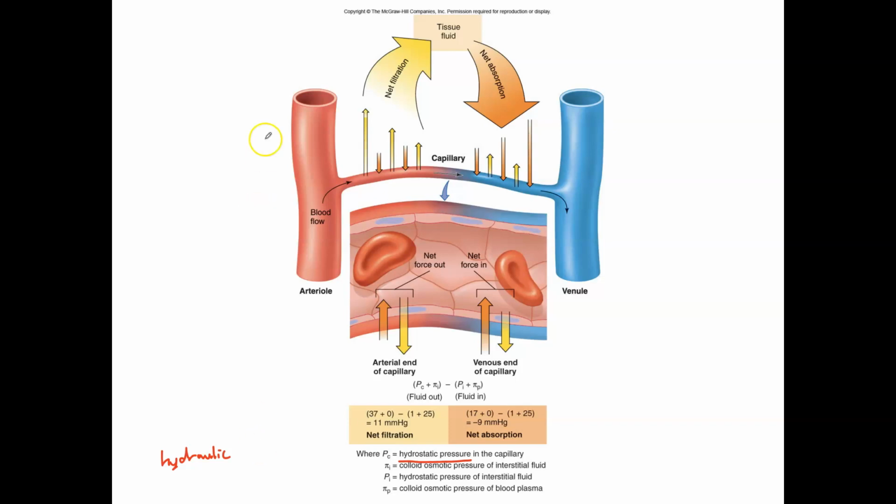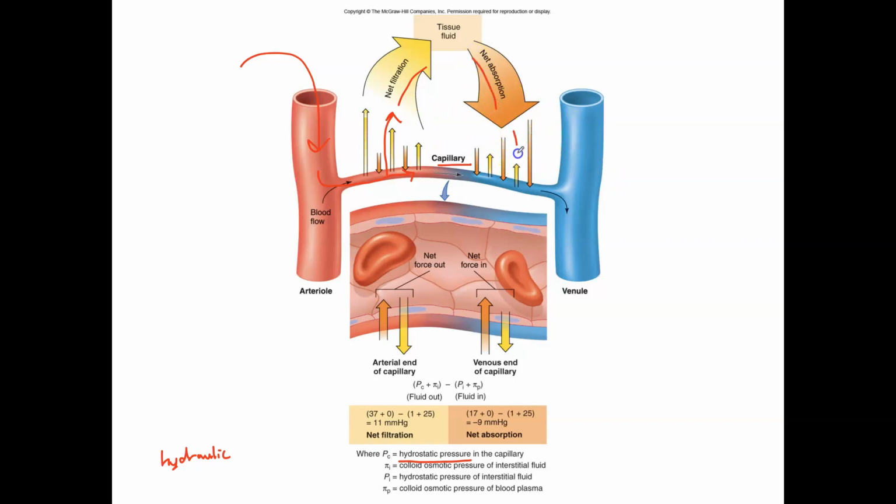So what we'll see happening is as we move blood through the arterial system, we're going to reach capillaries. And as the blood is flowing through the capillaries, what we really want to see is a net filtration, okay? So a movement of fluid out of the capillaries into the interstitial spaces, but then we want to have a net absorption on the venule side.